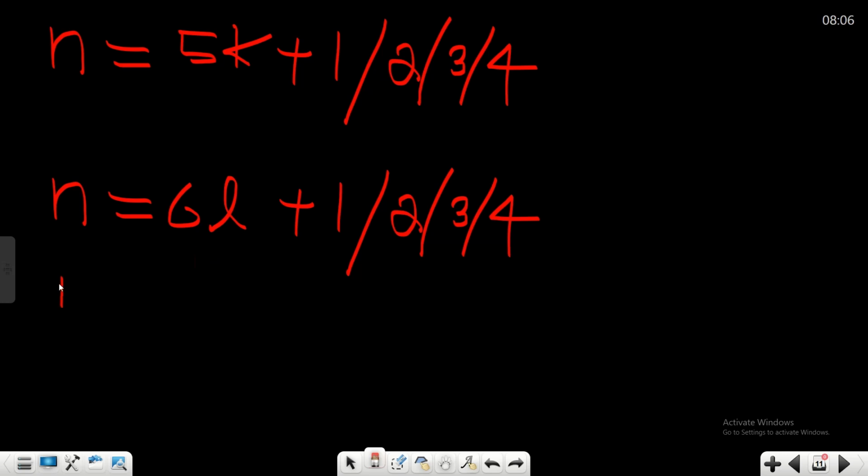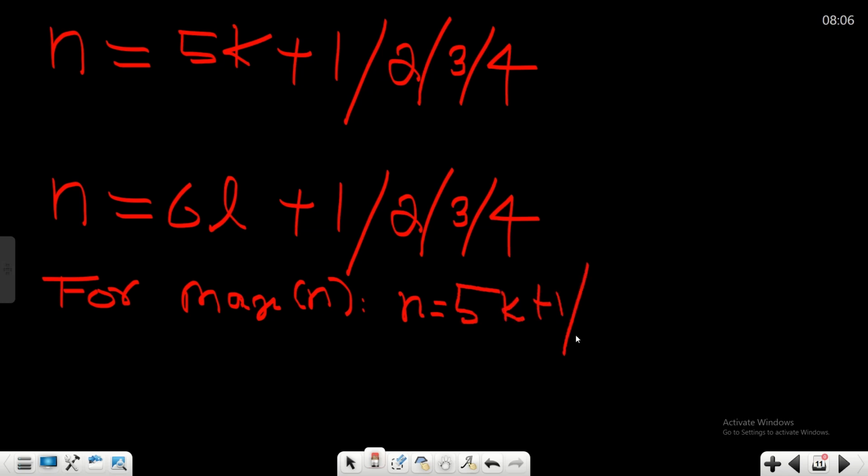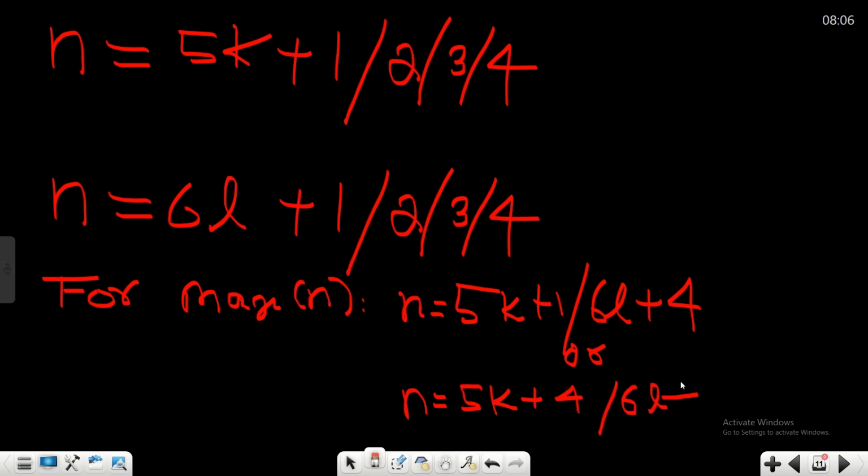That means for max n, either you can take n as 5k plus 1 or 6l plus 4, or you can take n as 5k plus 4 or 6l plus 1.